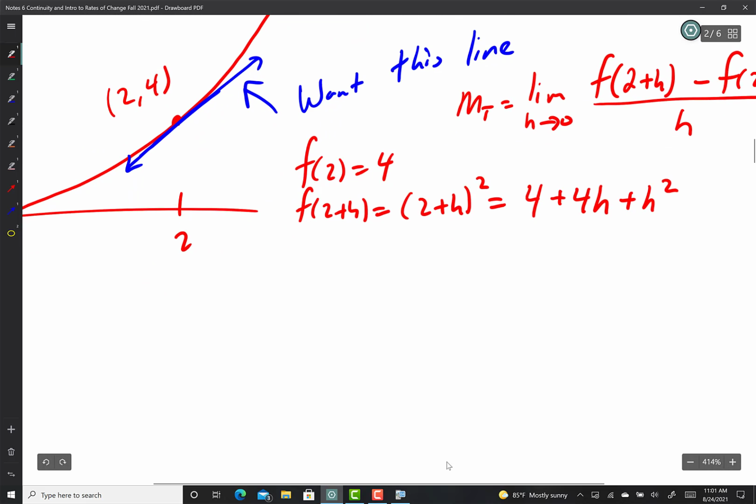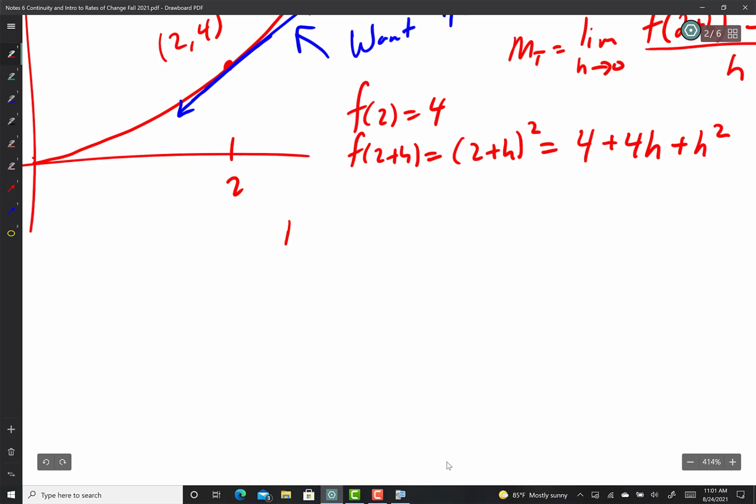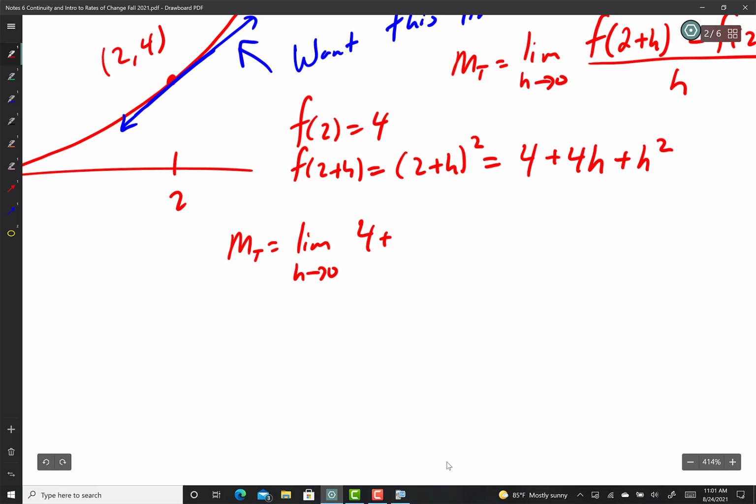All right, now we're just going to do our little formula. m_t equals the limit as h approaches 0 of 4 plus 4h plus h squared minus 4, all over h. We're going to zero out some stuff. The 4s zero out each other.